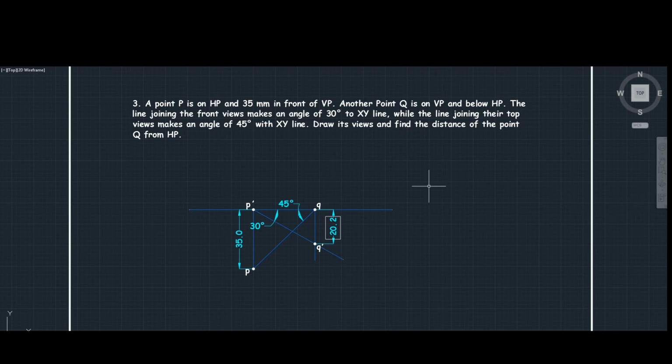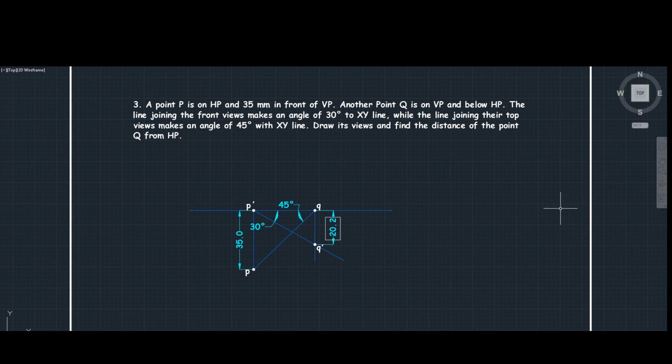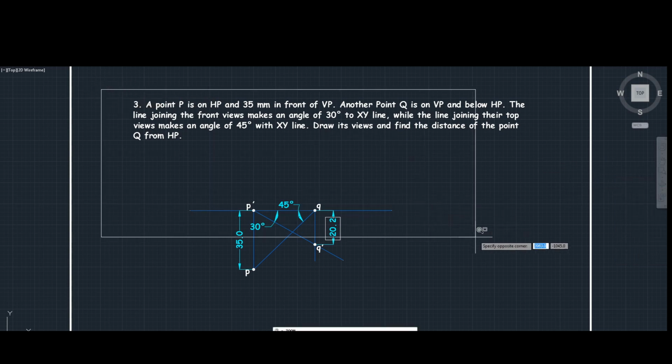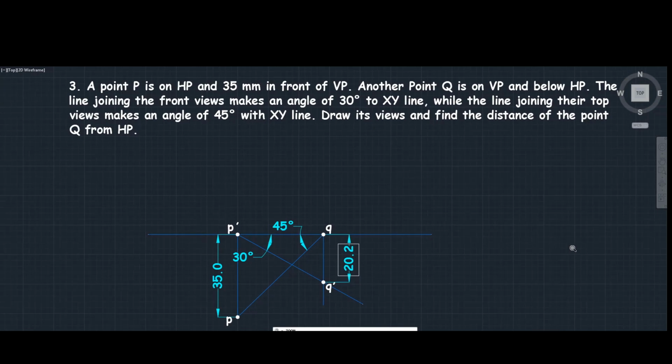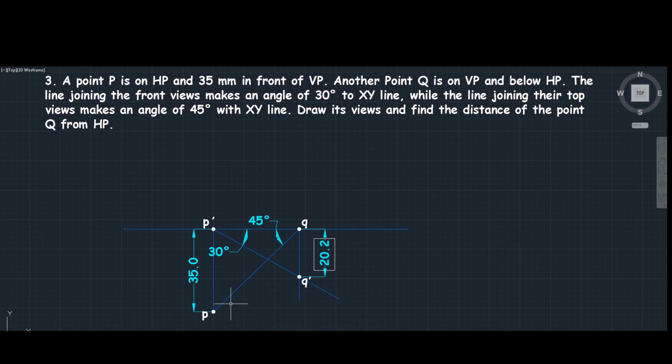If you remember, there are 2 points, a point P and a point Q at different locations.